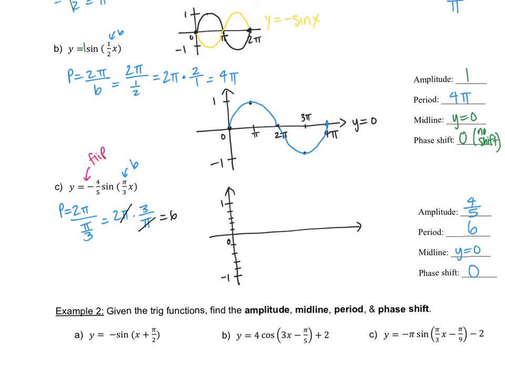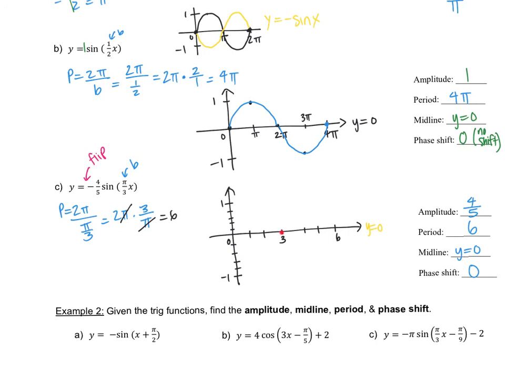And the whole wavelength for one cycle is 6 units. So it needs to go 6 units out. In fact, I might just draw the dashes in between. So half that is 3, and then I'll just put the dashes in between. So that'd be 0, 1, 2, 3, 4, 5, 6. There we go. So we're now up to scale here.